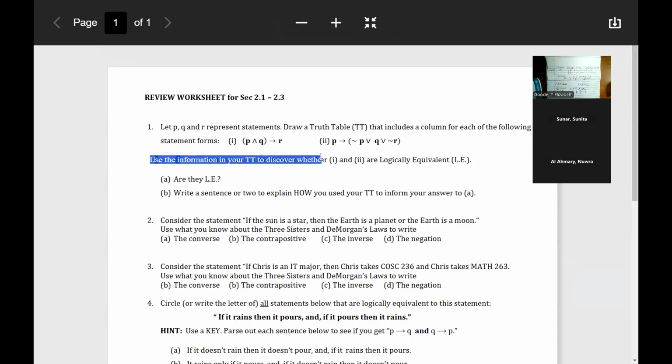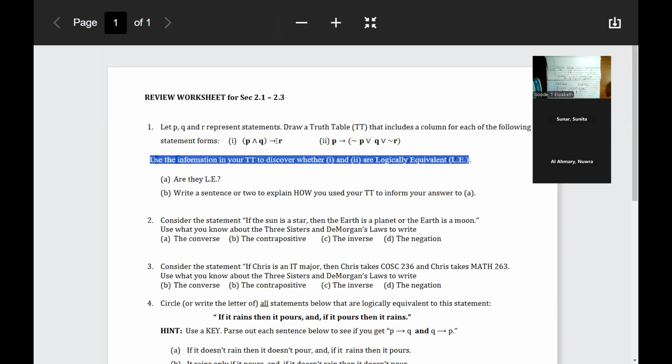Use the information in your truth table to discover if one and two are logically equivalent. Take a peek at what happens in that truth table.